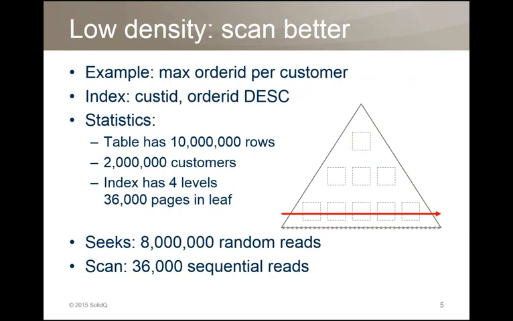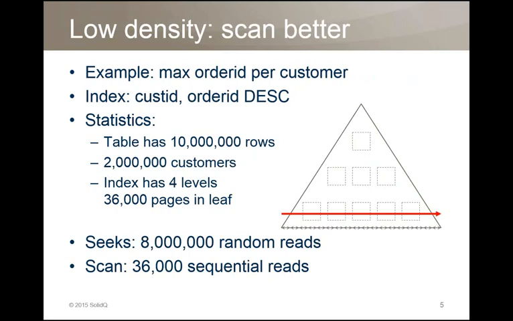So think about it. If we write a solution that collects the maximum order ID per customer with a seek per customer, we're going to end up with 2 million seeks. It's going to involve 8 million random reads, which is obviously much less efficient than a strategy that will go ahead and do a scan, and as we scan the data, collect the maximum ID per customer.